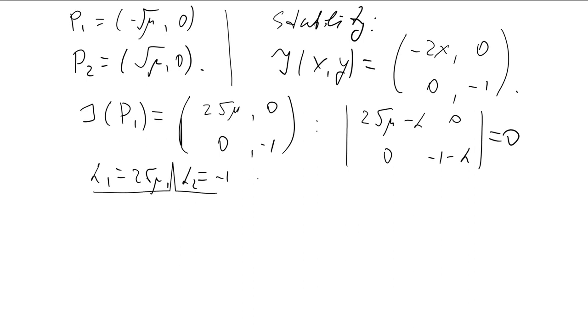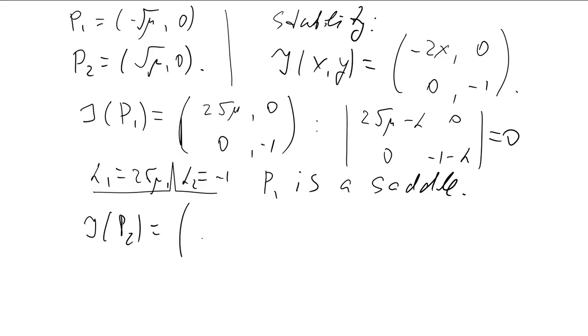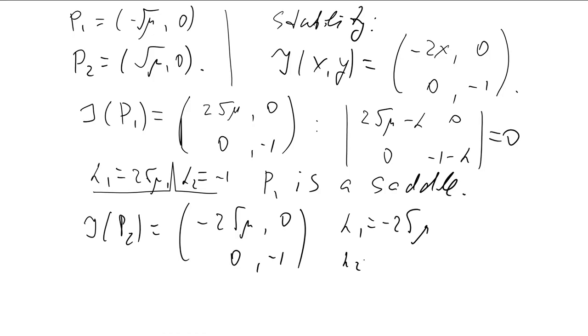So P1 is a saddle. And the Jacobian at P2 is minus 2 square root of mu, 0, 0, minus 1. And here lambda 1 will be equal to minus 2 square root of mu, lambda 2 equals minus 1, and this is a stable node.